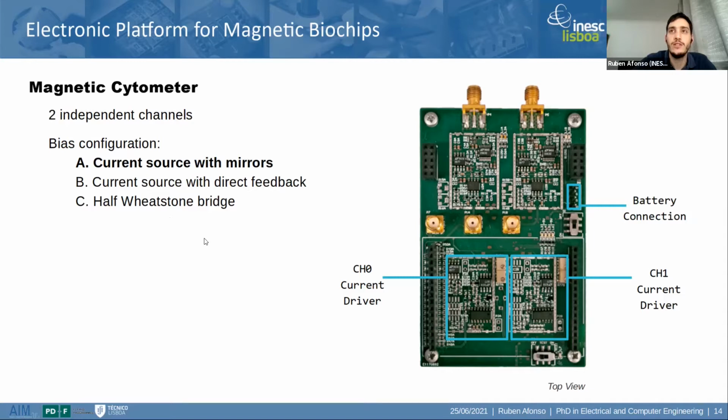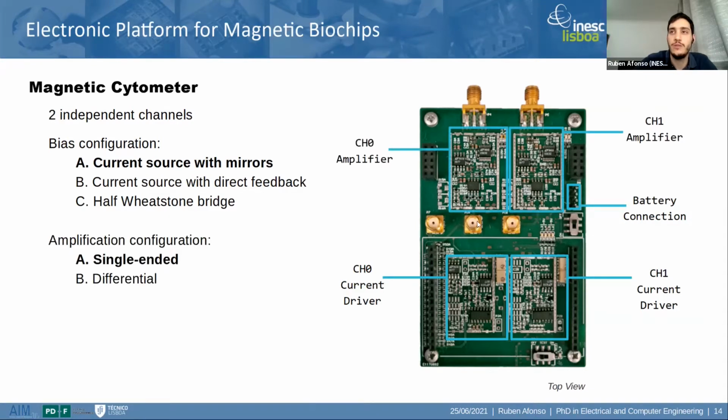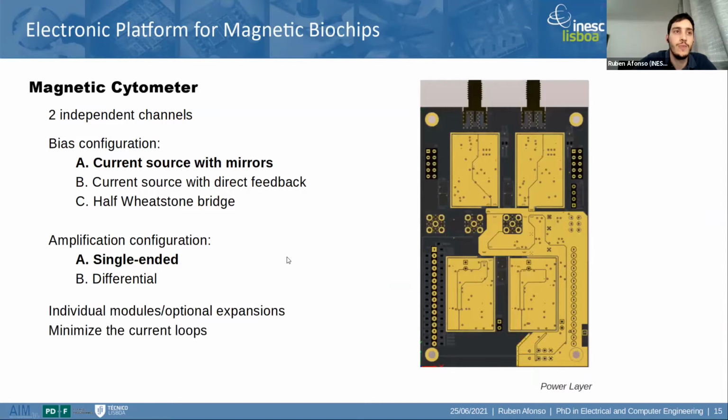The amplification circuitry is on the top, and with the current configuration, we can only read each sensor single-ended.